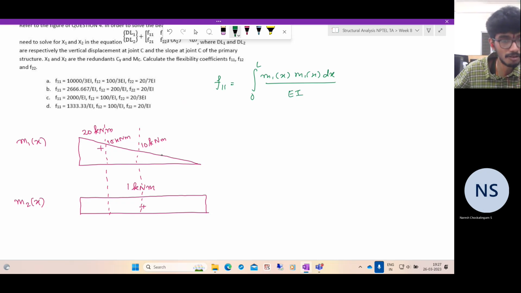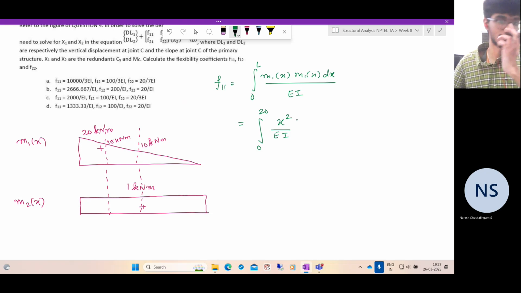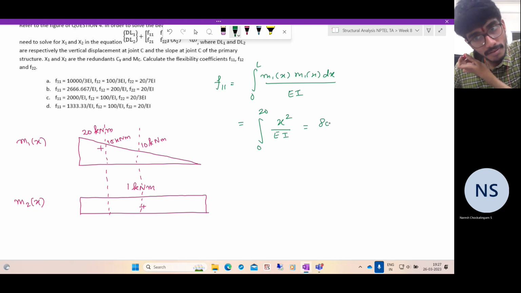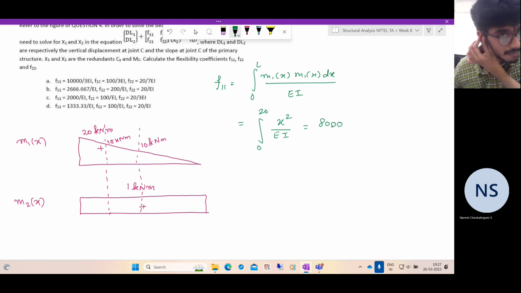We don't need to split it anymore because the bending moment diagrams are continuous and have the same definition everywhere. So f11 is the integral of x going from 0 to 20, with m1 of x equal to x, so x squared by EI. That becomes x cubed by 3, so it is 20 cubed by 3, which is 8000 by 3EI.